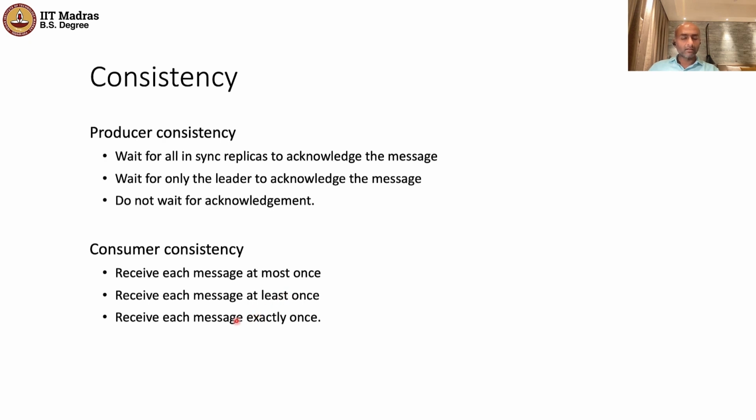The third is the scenario where you're receiving every message exactly once. Fundamentally, when we as developers design systems, we always try to design for this, a deterministic world where everything happens exactly as planned and everything goes smoothly.